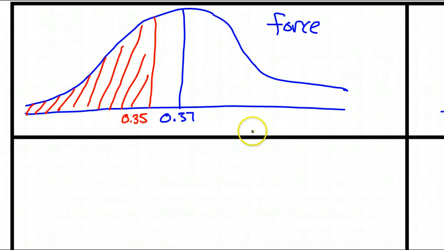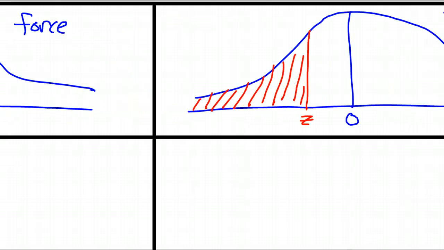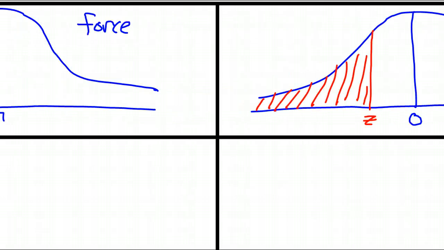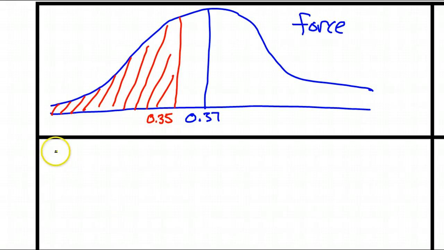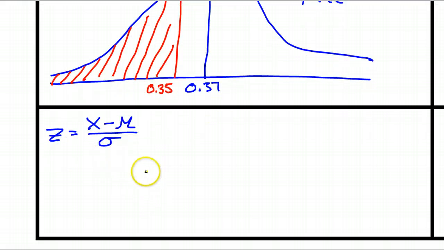Now, how do we find this proportion, this percentage? Well, this is what we do. First, we need to find the z-score. We can do that by using the following formula. We know that z-score is equal to the data value minus the mean divided by the standard deviation.